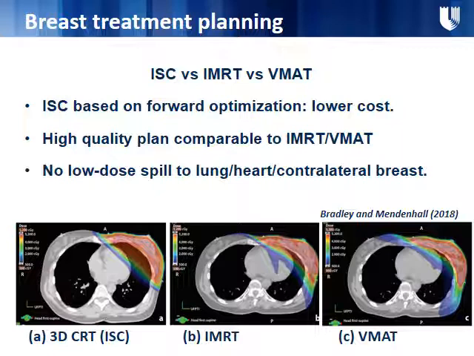But there's one more benefit, that's low dose spill for lung and heart and contralateral breast from the irregular surface compensator technique. So this shows the isodose distribution of three different techniques. Contralateral breast and lung and heart receive a lot lower dose than with IMRT or VMAT.